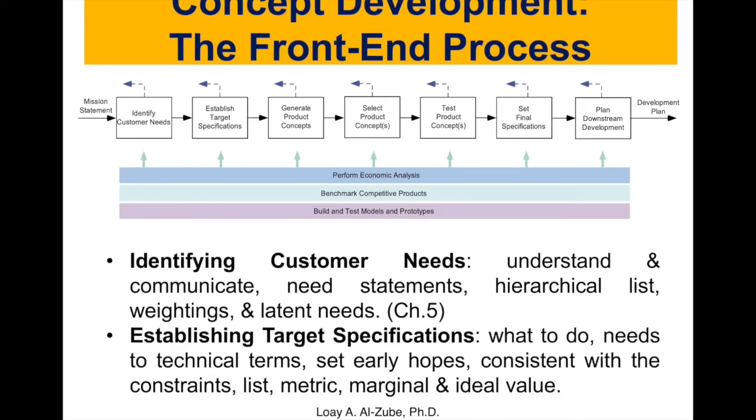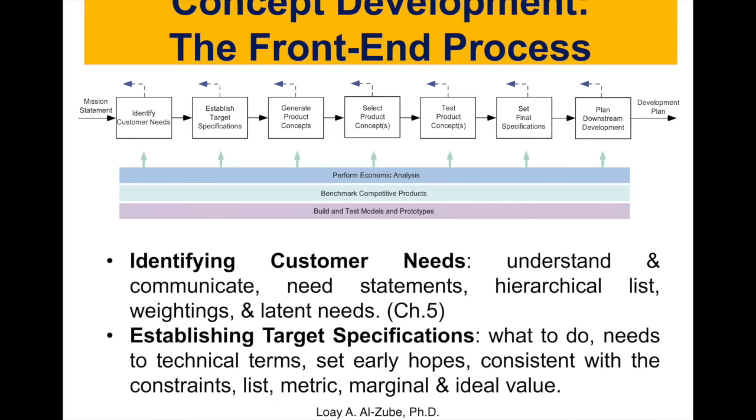We need to have something called need statements, and in class we will learn what a need statement is and how to write one. We will also create weightings for the statements to see which one is more important than the other. And we will learn how to identify latent needs, which are the needs that the user actually has, but doesn't know how to phrase explicitly.